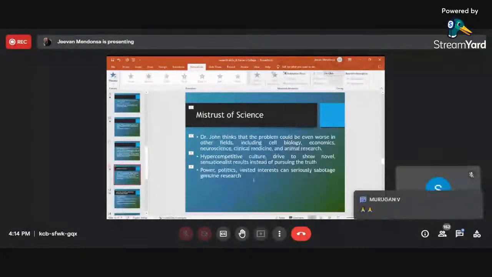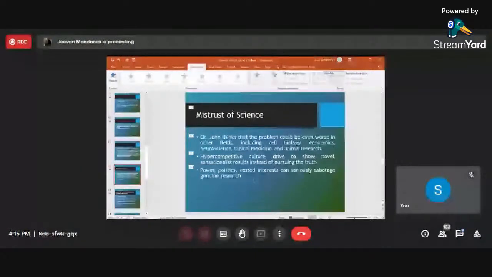Also in the field of research, there is too much competition. There is a drive to show novel, sensationalist results instead of pursuing the truth. So there is a strong drive to be higher than the others, this one-upmanship, to say.